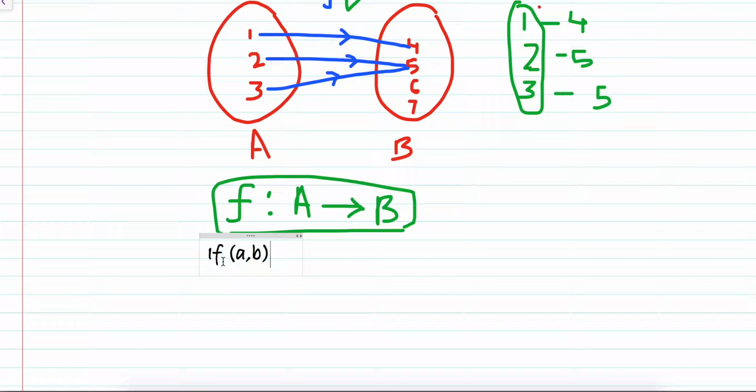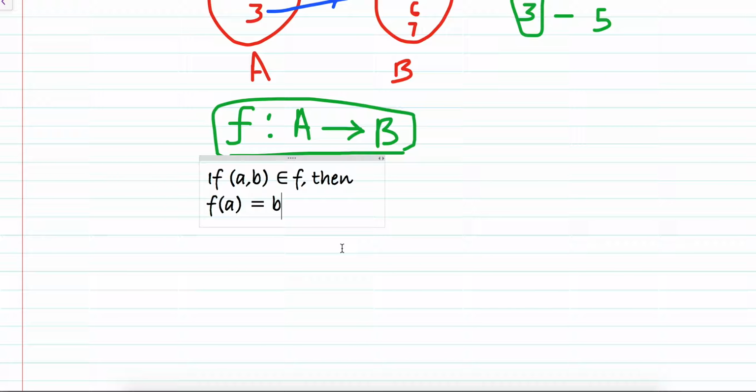But how this function is defined, we have to write: if (a, b) belong to f, then f of a is equal to b. So we will write something like this.